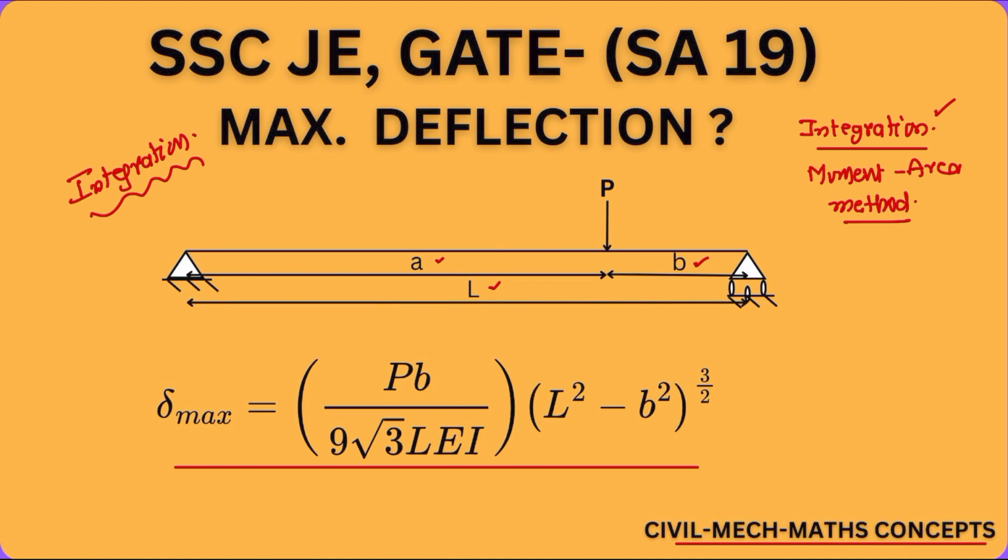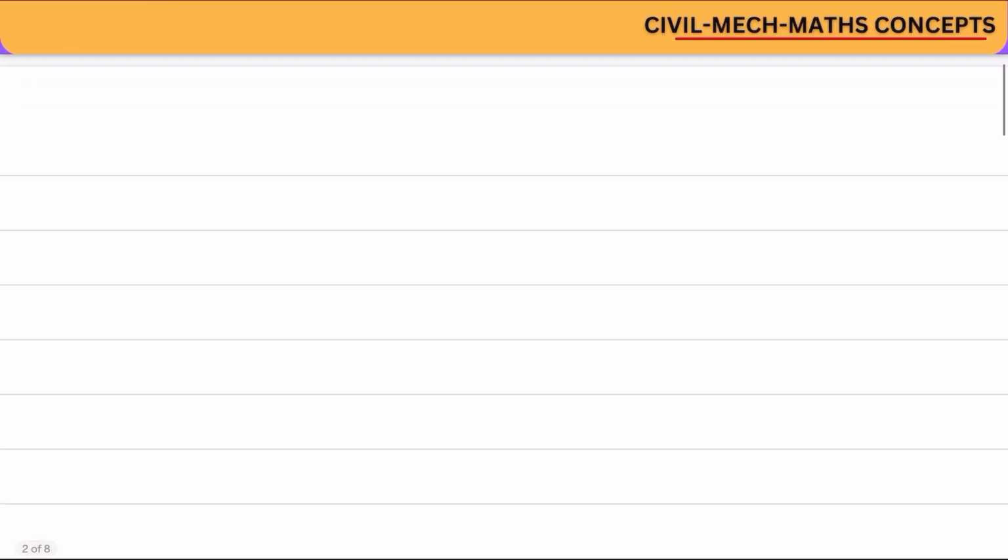We will use that method to find out the point of maximum deflection and also the maximum deflection, delta max. Where this delta max acts, maybe it acts here, we are not aware. We will find out now, and also the quantity of it.